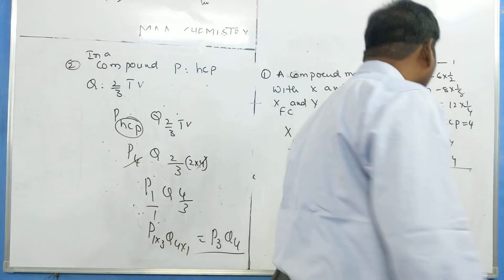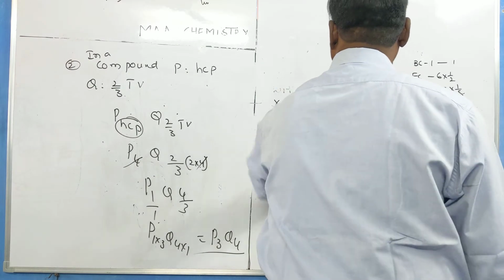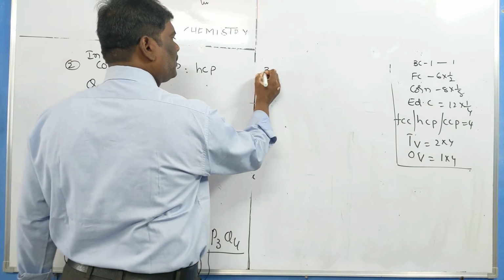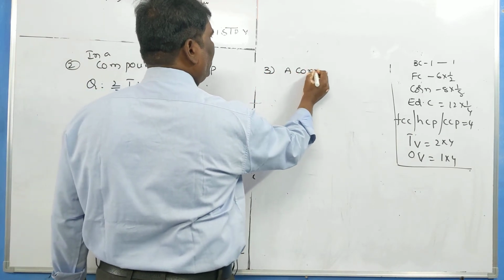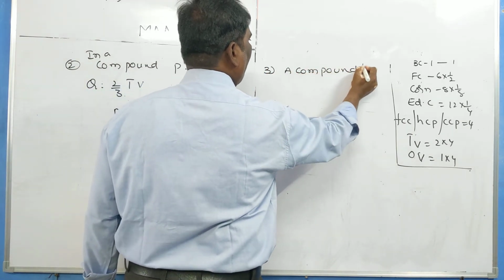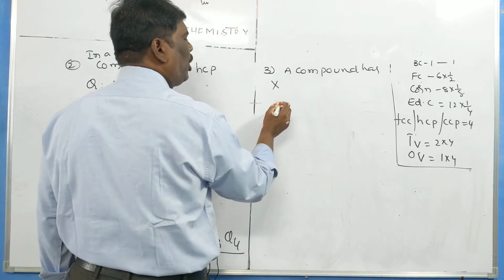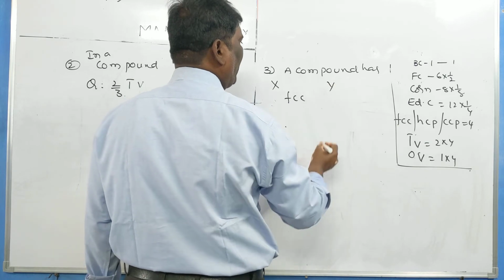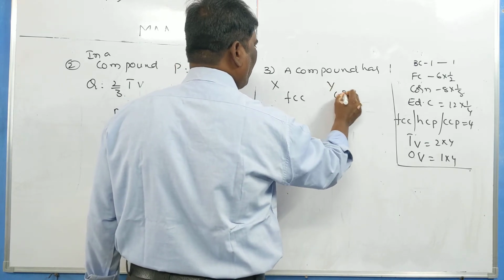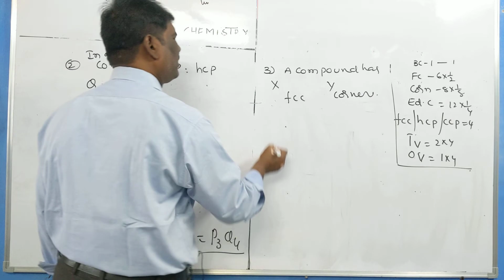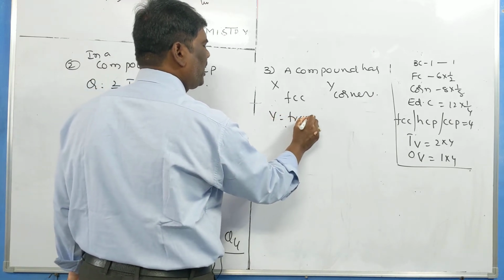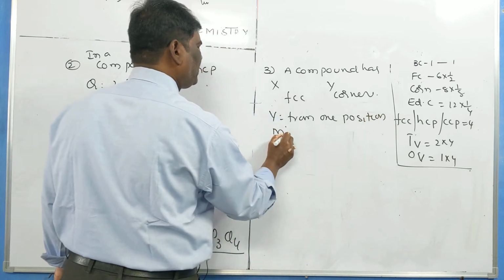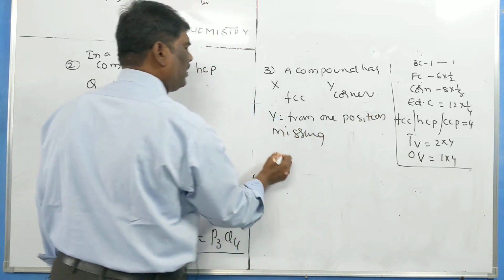Another example. Let us suppose a compound has X occupying FCC arrangement, Y occupies the corner, Y from one position missing. Then what do we write here?